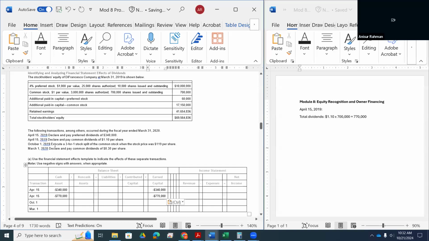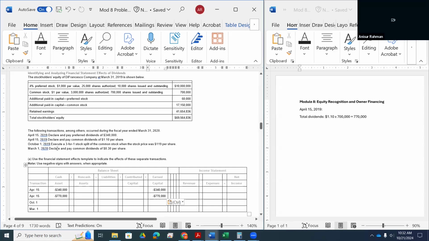October 1, 2019, execute a 3-for-1 stock split of the common stock when the stock price was $119 per share. So 3-for-1 stock split basically means one stock will be divided into 3. The number of shares of common stock will increase and proportionately the price per share will decrease, but it doesn't have any effect on the financial statements. So no effect on October 1.